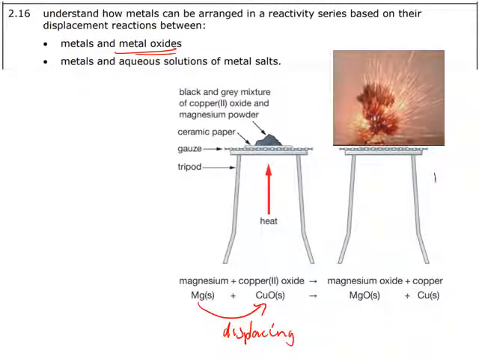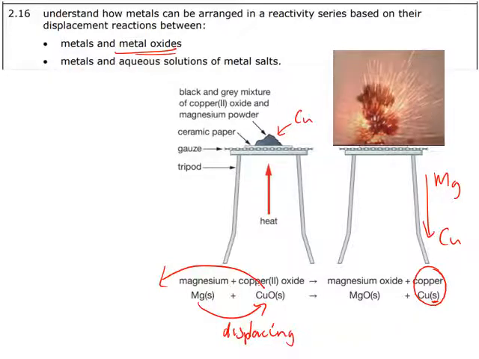So if we had a reactivity series, magnesium would be higher than copper because it displaces it from its compound. Copper is therefore going to get kicked out, and it's going to be by itself, which it is, and you'll actually see some brownish red copper in this reaction.